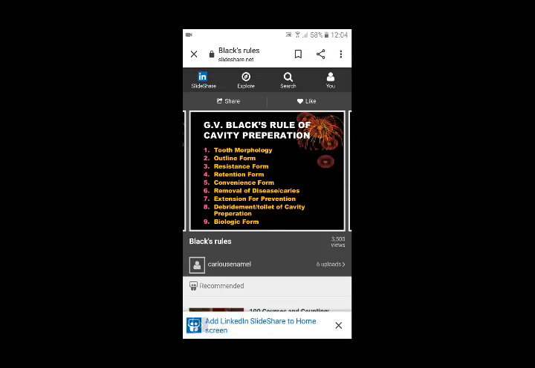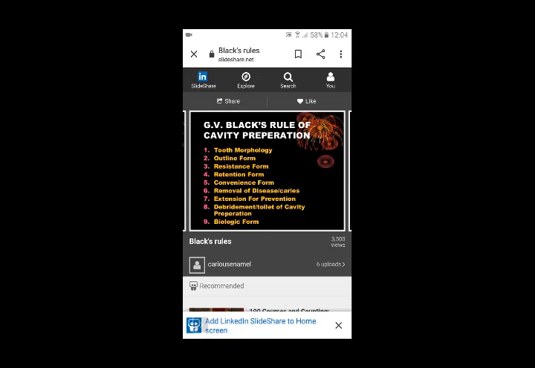So when we design a cavity on the tooth, I already told you that we will try to save the tooth. The structure should be strong enough that it can resist the forces which are going to be applied on the tooth as a result of friction or other forms.